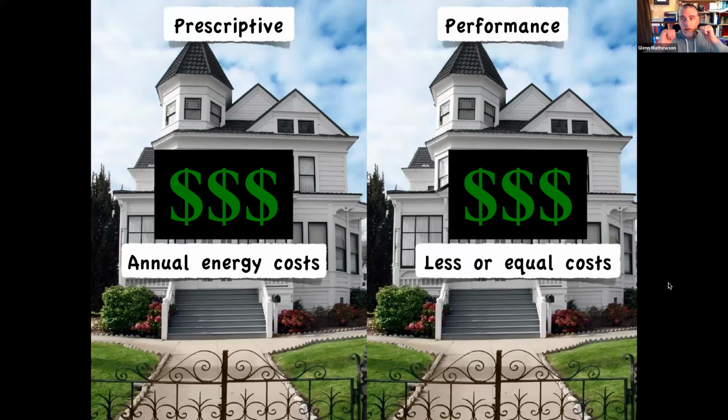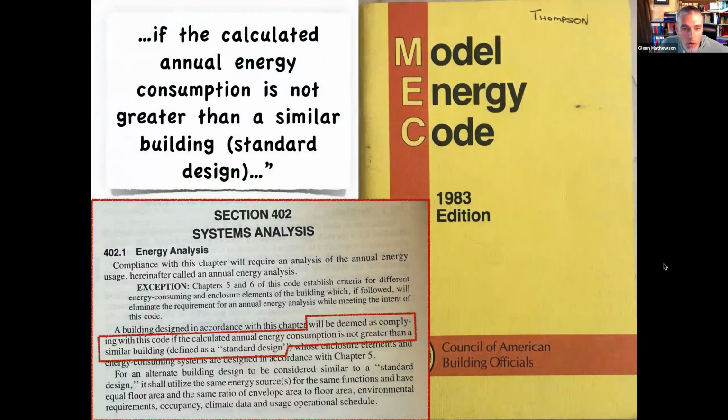And if they are, you comply. All right. Well, this is also one of those old original ones from the original energy code pathways. See, if the calculated annual energy consumption is not greater than a similar building, referred to as standard design in the model code now, we call it standard reference design.